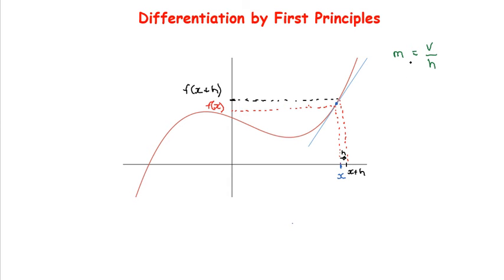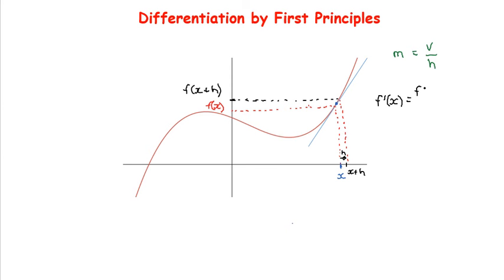Now in this case, if I was to work out the gradient, i.e. the derivative, so I'll rewrite this as f dashed of x. Well, it's the same idea as the gradient of this line, that would just be vertical over horizontal. So the vertical change here is f of x plus h subtract f of x, which would give me just the gap in there. So I'm taking the upper y value, subtract the lower y value, and that just gives me what's in between.